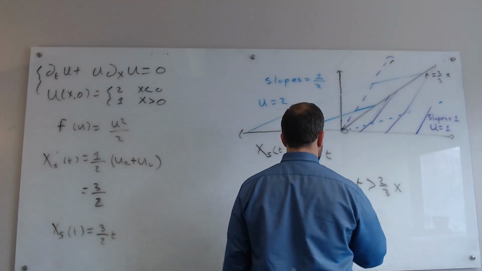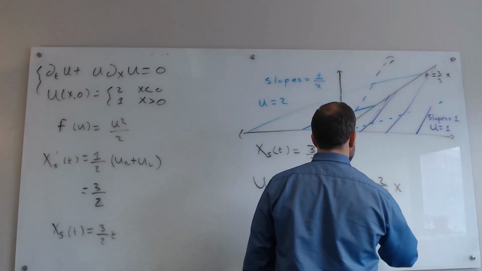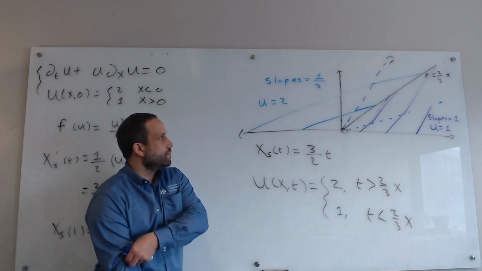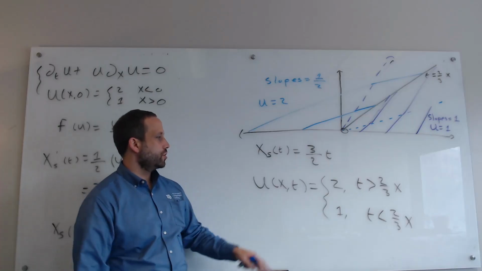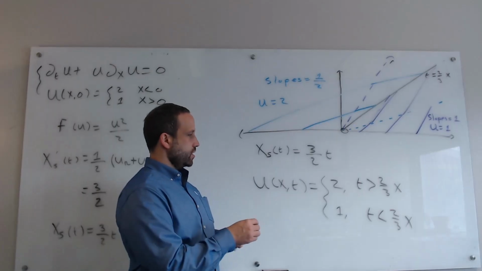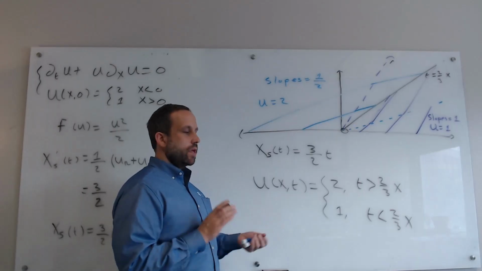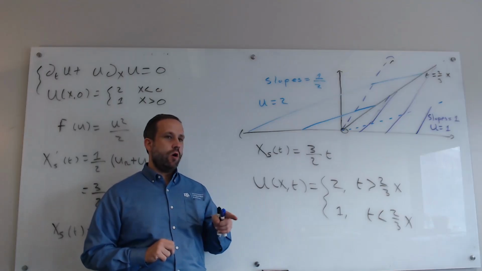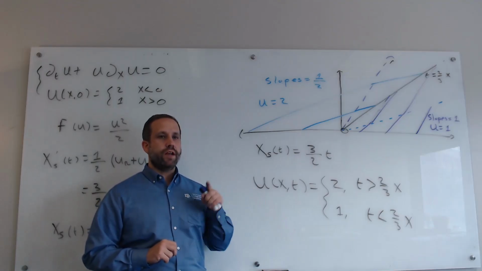And then it's going to be 1 over here for t less than 2/3 x. So for this problem, we knew the only 2 values of the solution were going to be 1 and 2. We just needed to figure out the precise location of the shock, and that's what we did here. Okay, so that is it for this video. In the next video, we are going to look at a traffic problem that also has a shock.